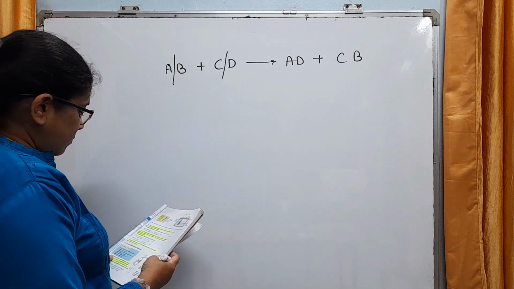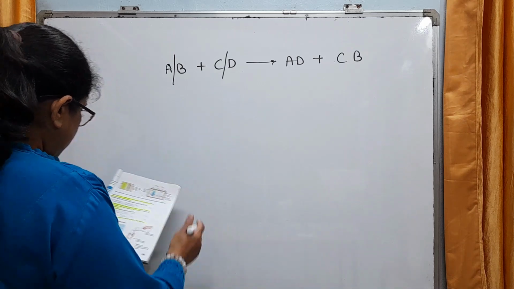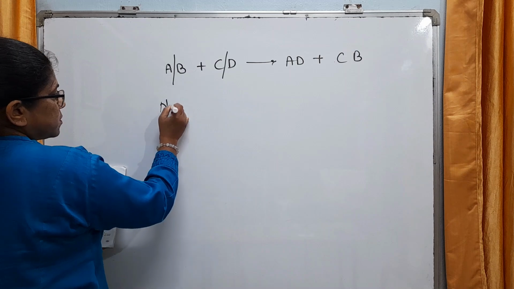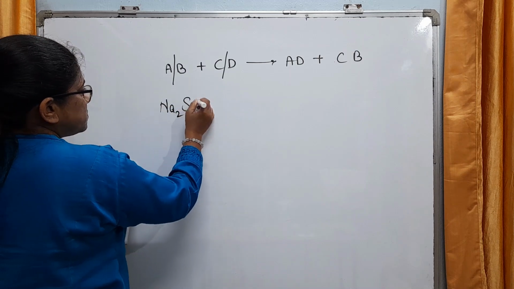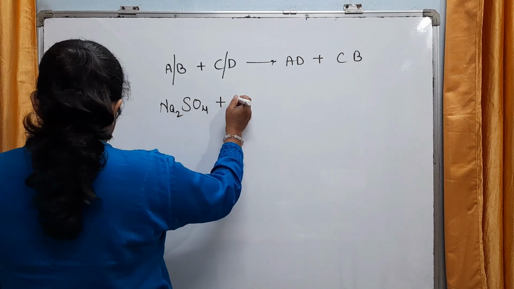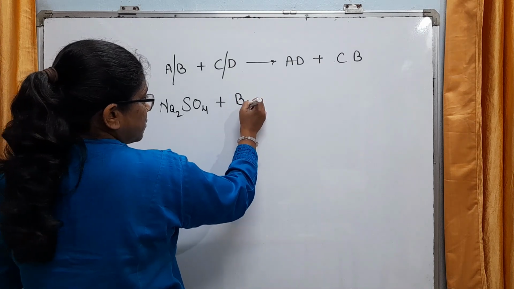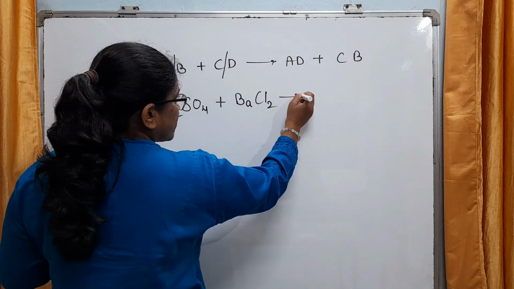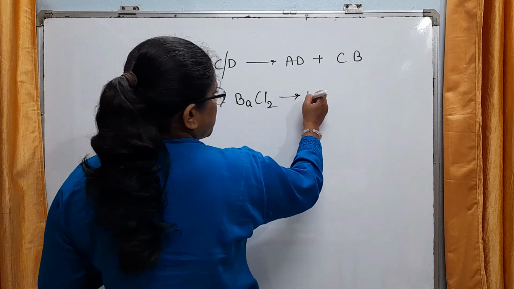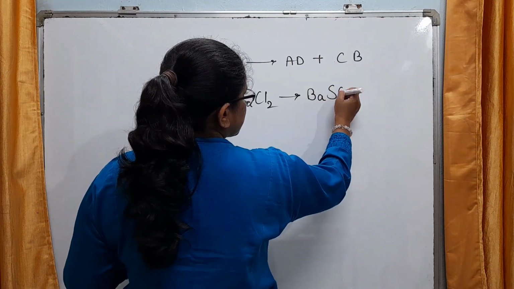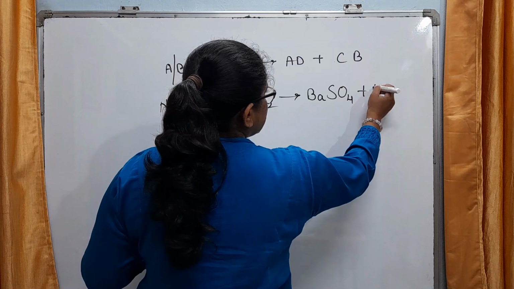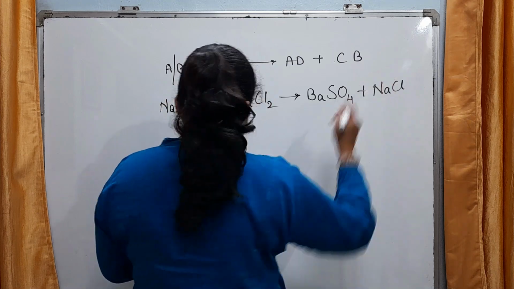So the example for this is sodium sulfate reacts with barium chloride to form barium sulfate and sodium chloride.